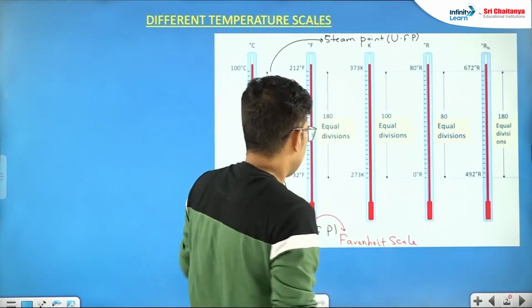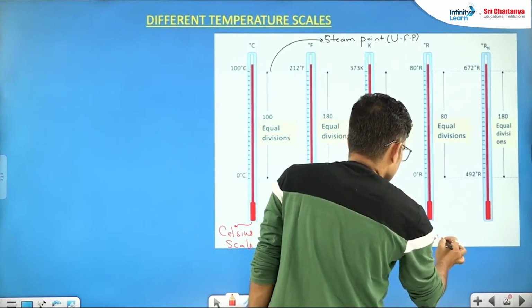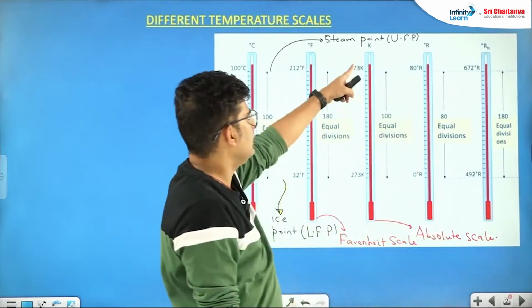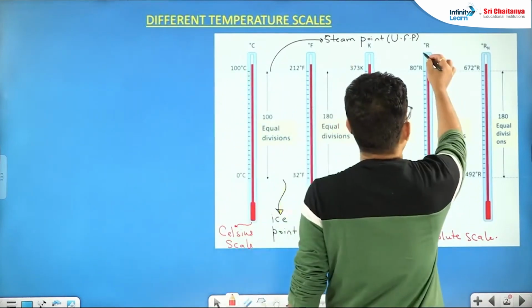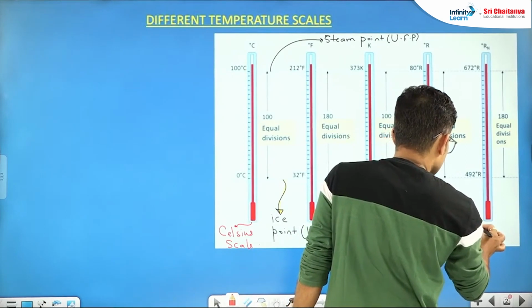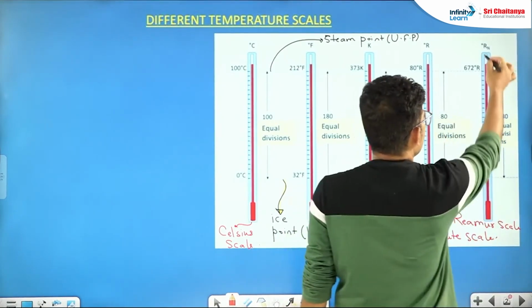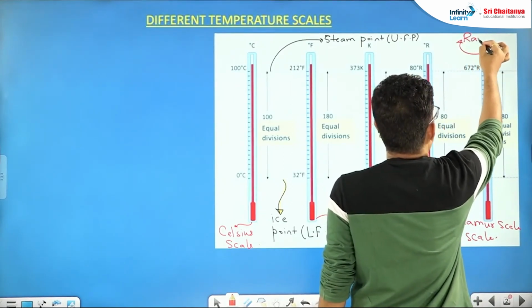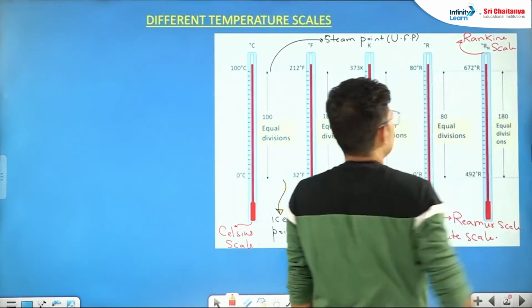The third one you can see, which is called as absolute scale. When the temperature is measured in Kelvin, we call this scale as absolute scale. Next, you can see this one is Reaumur scale, and the last one over here you can see this is Rankine scale.